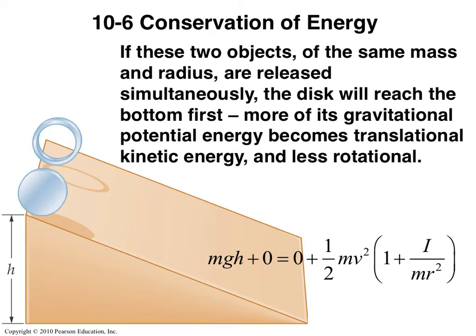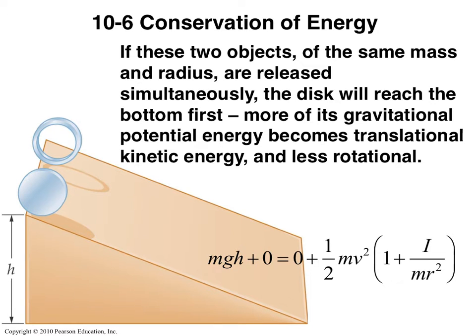specific R. Whereas for any point on the rolling object, its tangential velocity v sub t is equal to r omega. It looks the same, but the meaning is very different, in that it depends on the radius, how far that point is from the axis of rotation.